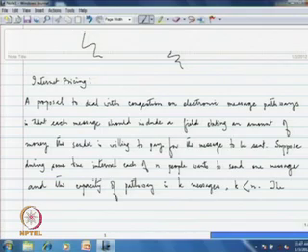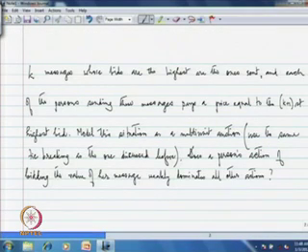Suppose during some time interval each of n people wants to send one message and the capacity of the pathway is k messages, where k is strictly less than n. The k messages whose bids are the highest are the ones sent, and each of the persons sending these messages pays a price equal to the k plus 1th highest bid.